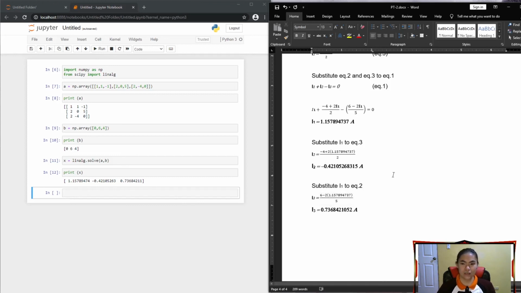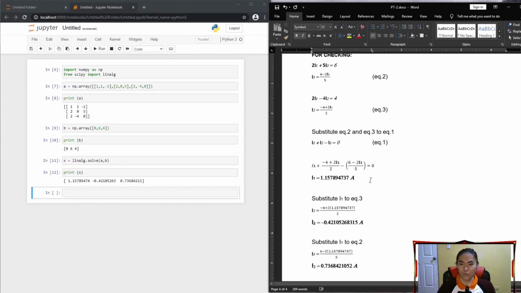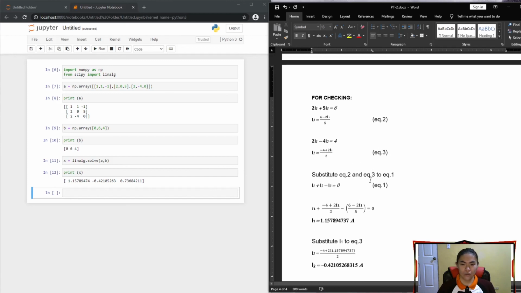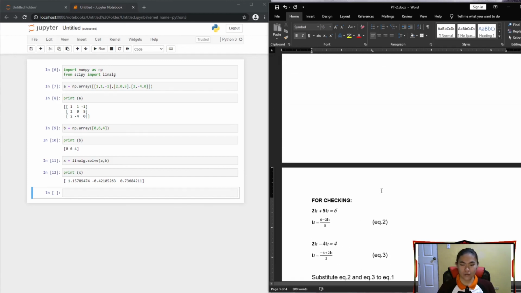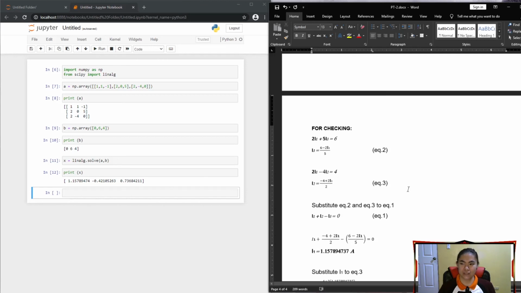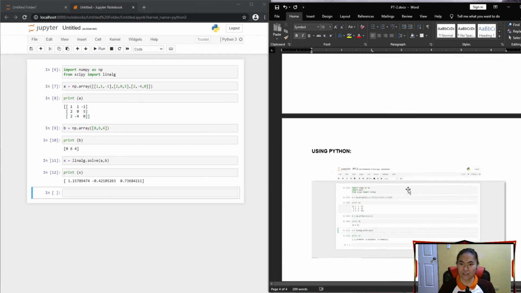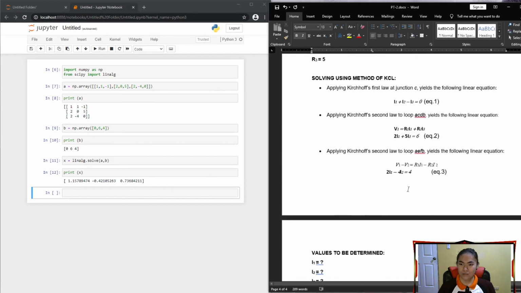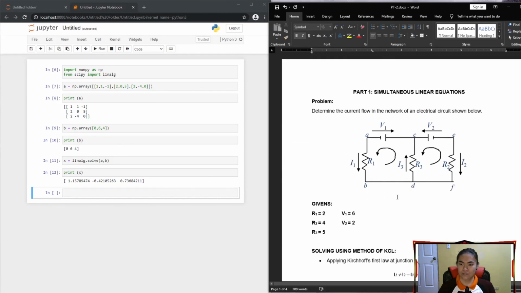So, yun lang ang way or method ng pag-solve natin or pagkuha natin ng values ng ating current using Jupyter Notebook. So, maikli lamang siya, pero pwede yan siya humaba, depende sa klase ng equation na meron tayo. Since ito naman is basic electrical circuit for finding the current, is madali lang siya gawin.